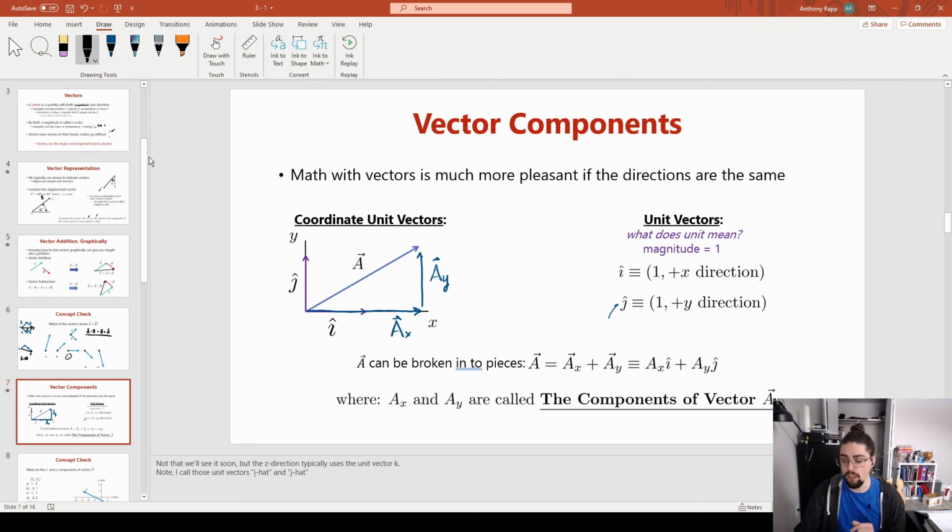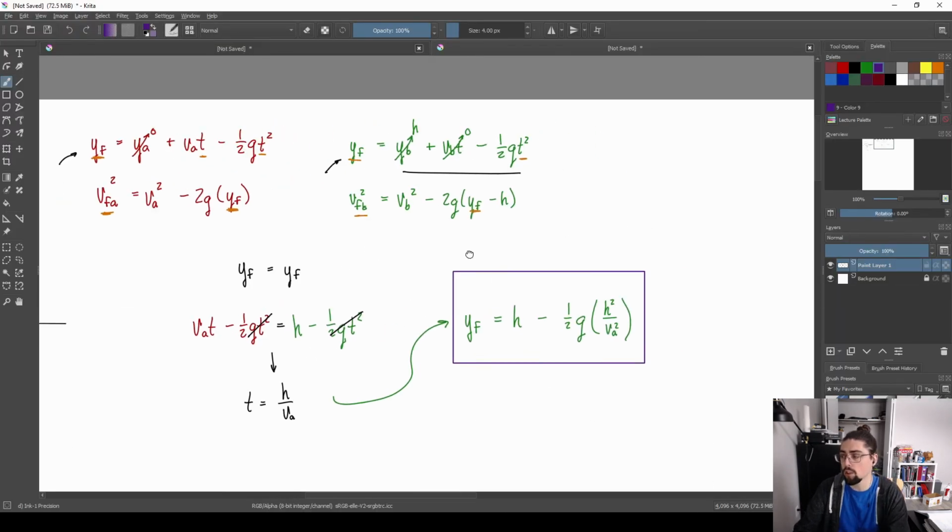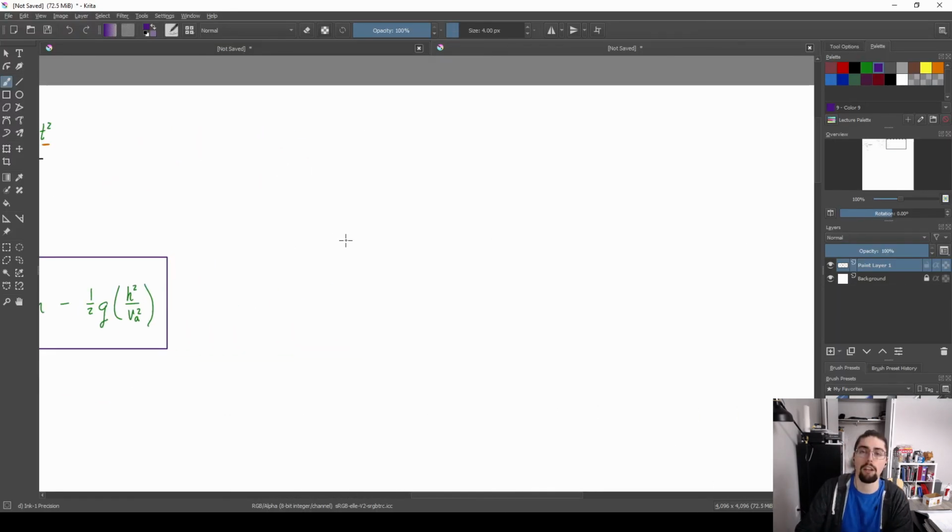So for a lot of these things, for example, if we were to write out some sort of regular kinematic equation, right? Let's say X vector is equal to the initial X vector plus the velocity vector times t plus 1/2 a t squared, but acceleration is also a vector.